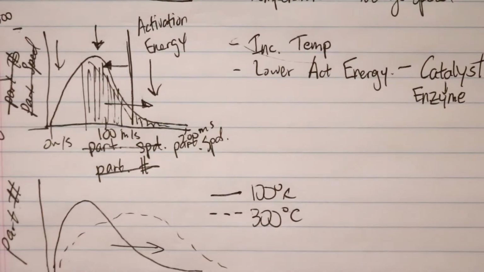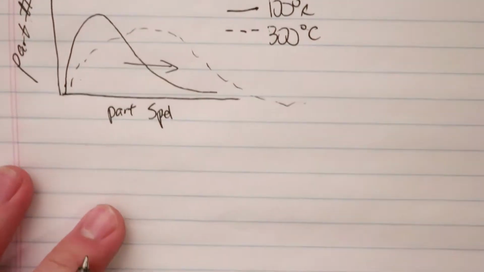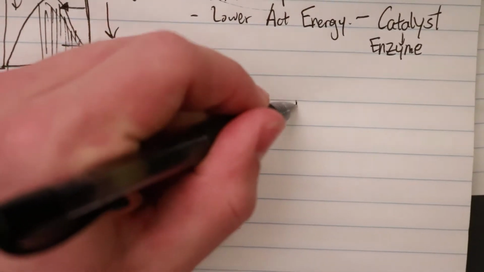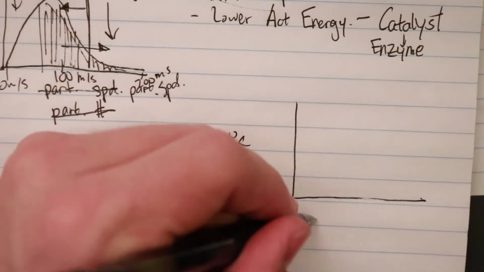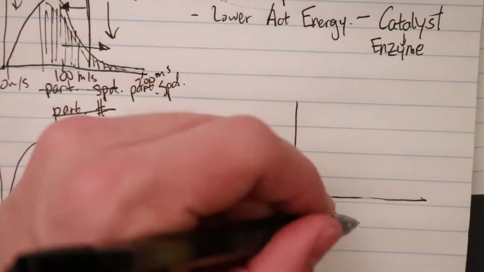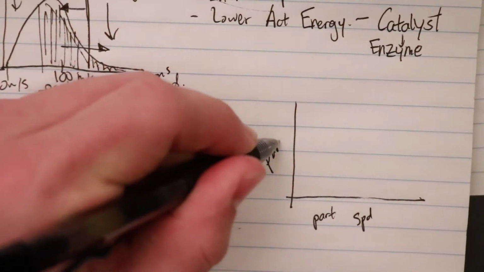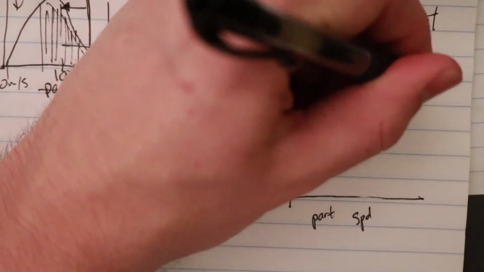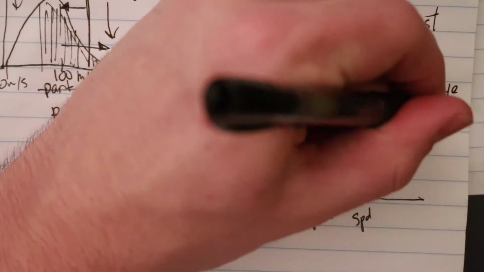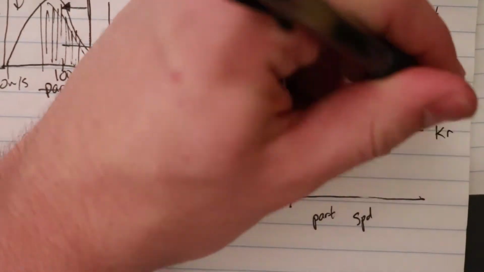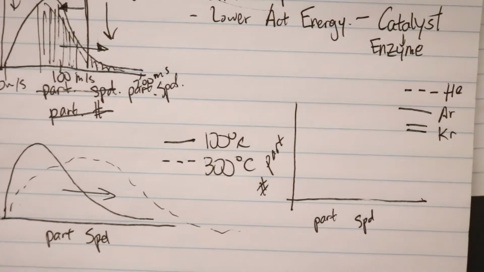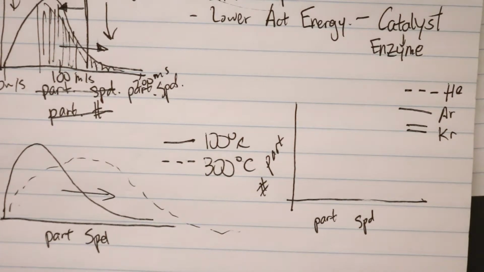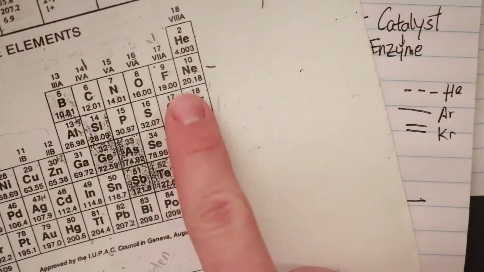Based on this equation, I want to take a look at increasing the particle mass. So I'm going to draw that over here. I have particle speed and I have particle number. But I want to draw a line with helium, and then argon, and then krypton. I'm also going to reference my periodic table to make sure that I have it right.